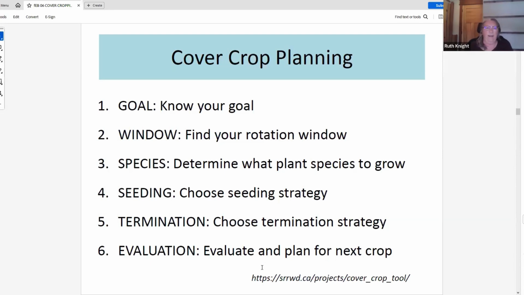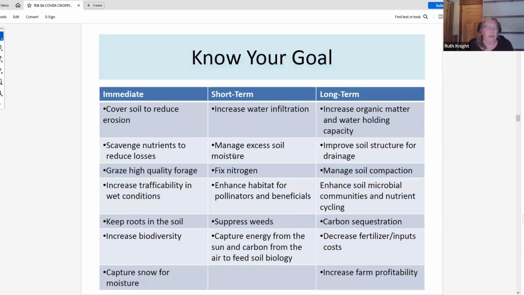So we'll start off with knowing the goal, and these are split into immediate. So this is where you would see immediate results, short-term goals, and long-term goals.